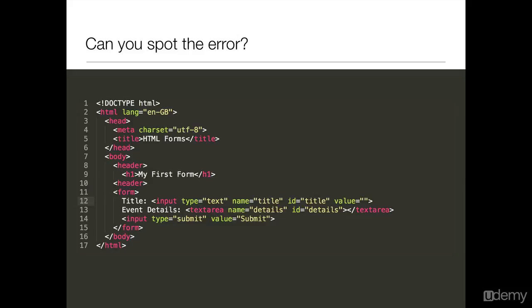Now I know where the error is, but if you looked at the larger file, I've only shown the basic outline. The example as we had it by the end of the forms lecture in the previous chapter had more content in it, and as a result it was harder to spot the error.